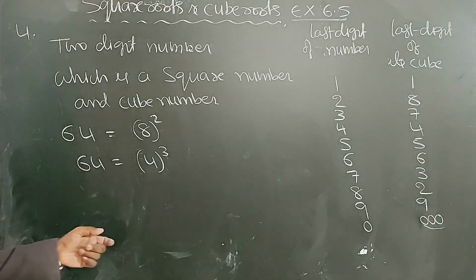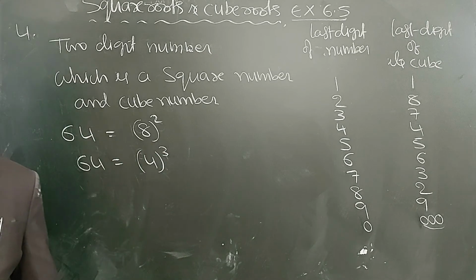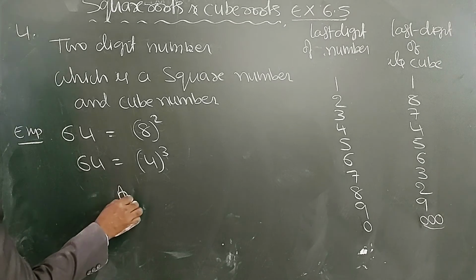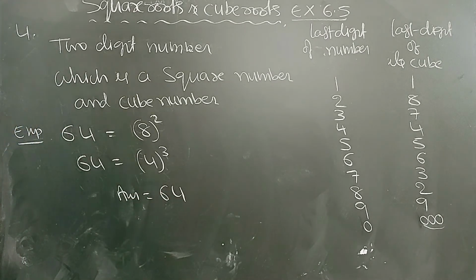A two-digit number should be the square of some number and the cube of some number. Over. Write down. So therefore the answer is 64.